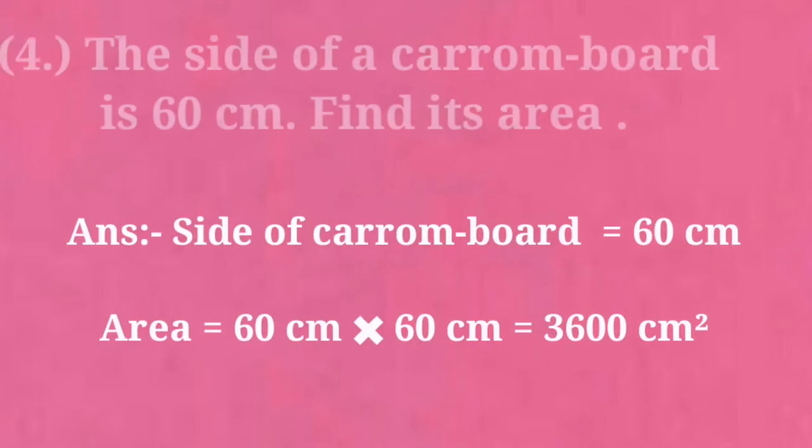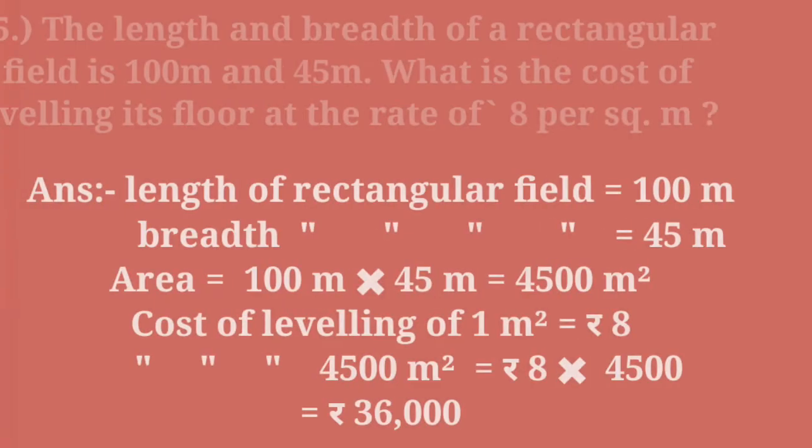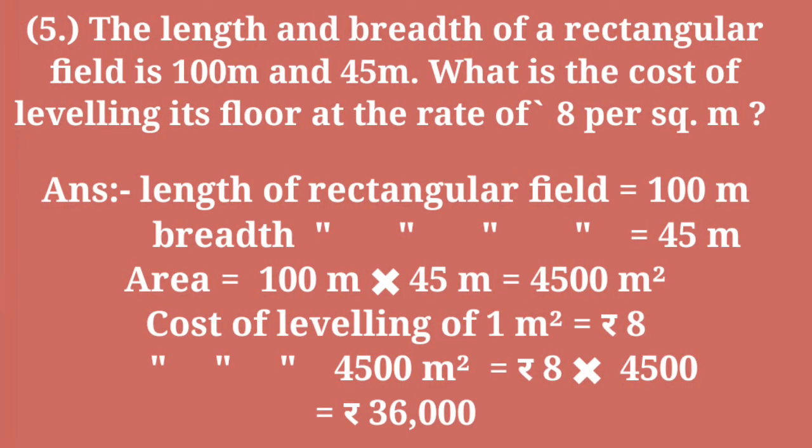Answer. Fourth, side of carom board means square shape, which is equal to 60 centimeter. So area is 60 centimeter multiplied by 60 centimeter, which gives us 3600 centimeter square. Answer. Now next, fifth, length of rectangular field is equal to 100 meter and breadth is 45 meter.